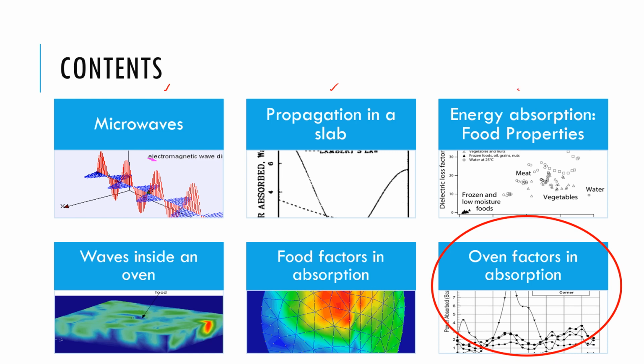Then we talked about energy absorption and food properties, food dielectric properties, and we talked about waves, microwave fields inside an oven, what it looks like, and then we talked about food factors in absorption. So these 5 are separate videos earlier in this series.